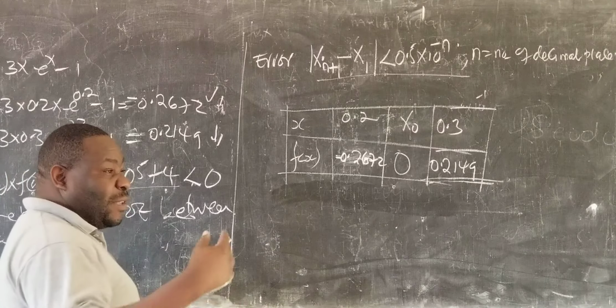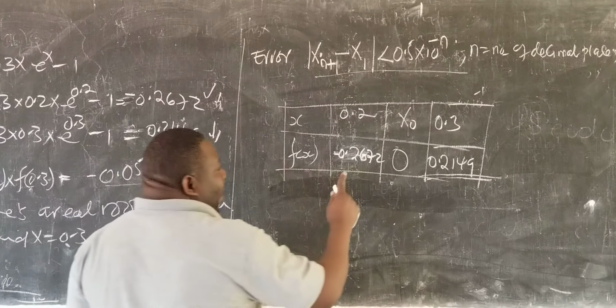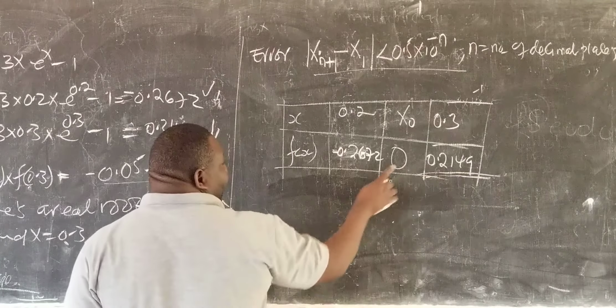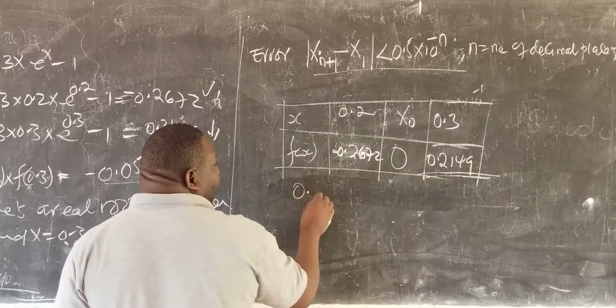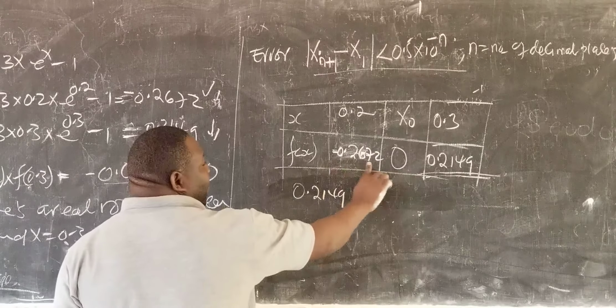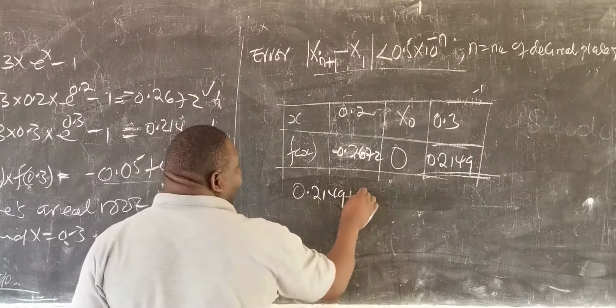That is the step. So what we do, we use the linear interpolation, I mean the method of the gradient. We are getting the change in y, which is 0.2149 minus negative 0.2672, so it becomes a plus.